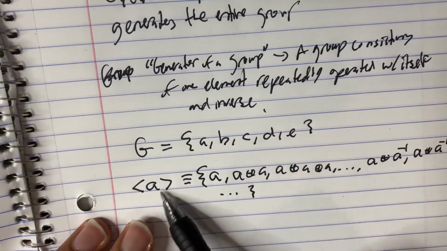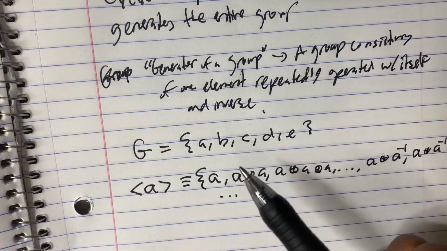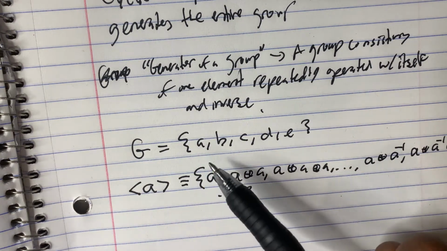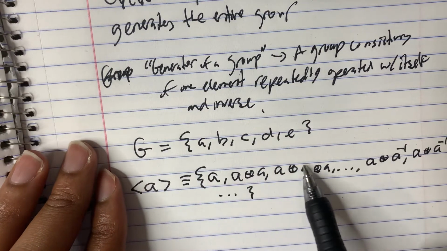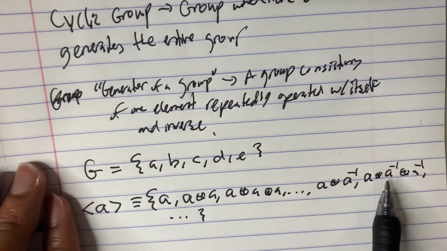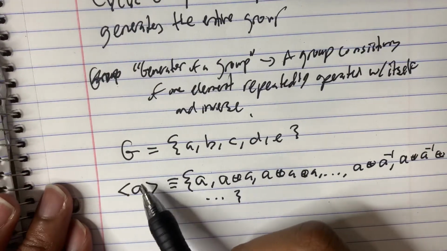That's what the generator of some group element means. You take the element and form a set of the element operated with itself over and over again, and with its inverse over and over again. That group that you get is called the group generated by the element.